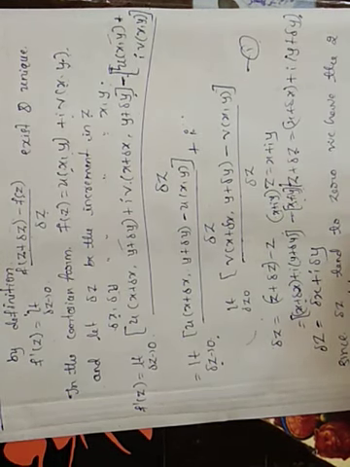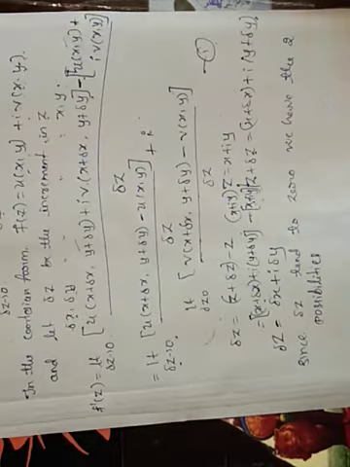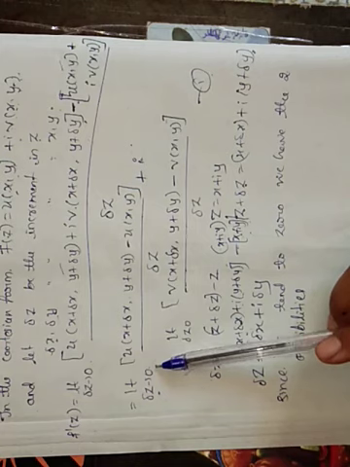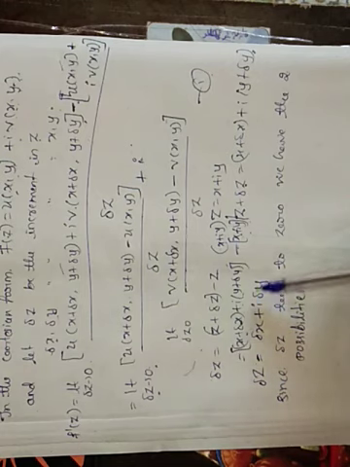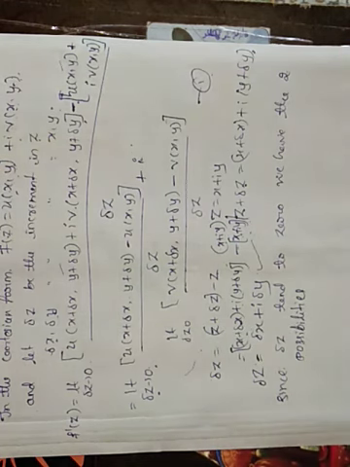Delta z tends to 0 under two possibilities. Here we have already taken delta z tends to 0, and delta z equals delta x plus i delta y, but delta z is 0 under two possibilities.